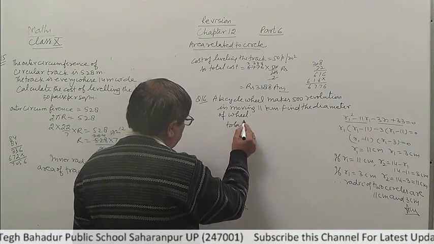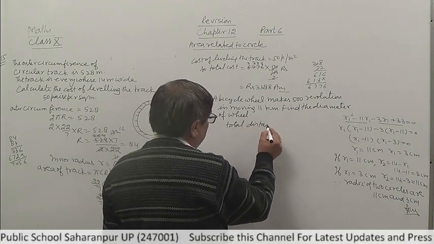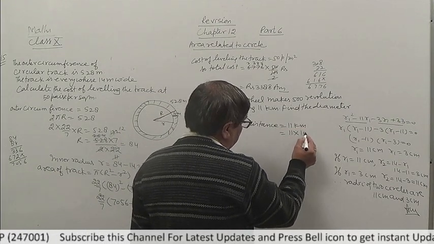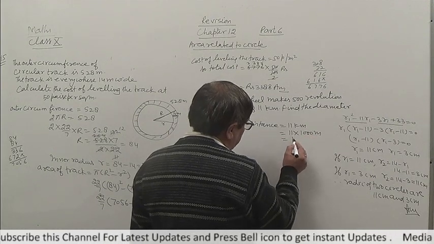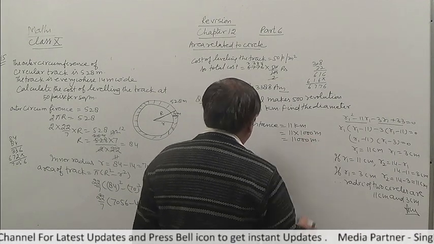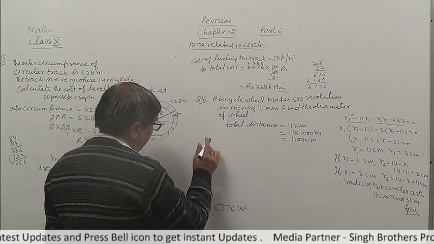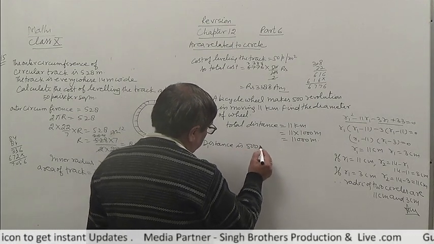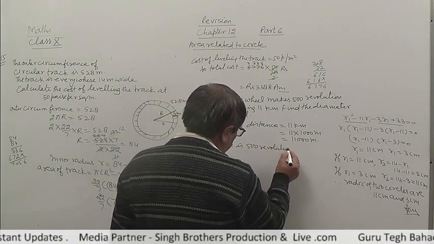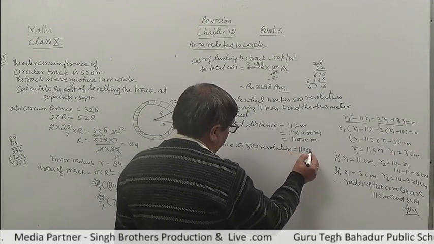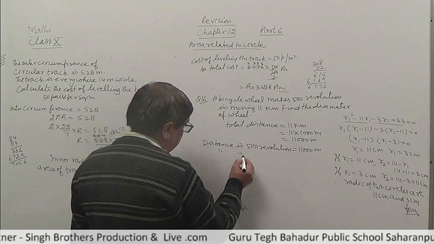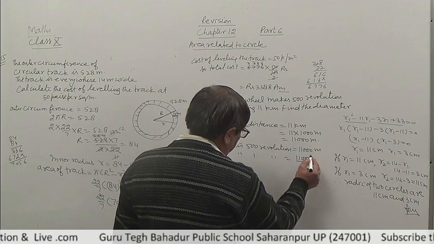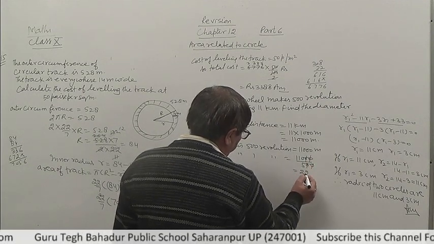Total distance is 11 kilometer. Change into meter, that is 11,000 meter. The distance in 500 revolutions is 11,000 meter. Distance in one revolution is 22 meter.